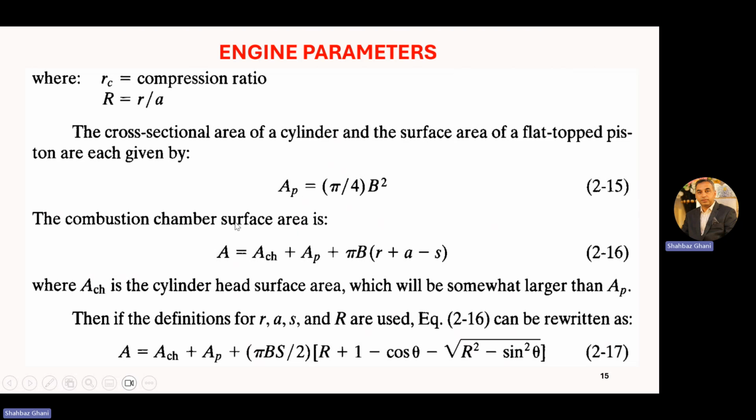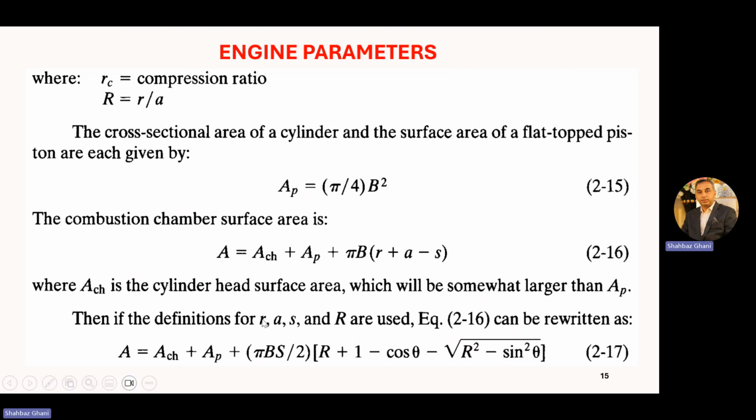The combustion chamber surface area is the area of the cylinder head plus the surface area of the top piston AP plus pi B (R plus A minus S), where ACH is the cylinder head surface area, which is somewhat larger than the piston top flat area.